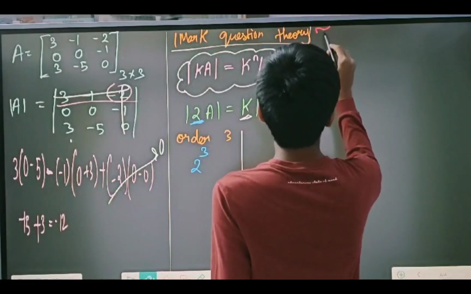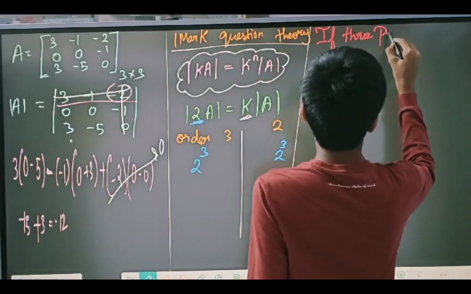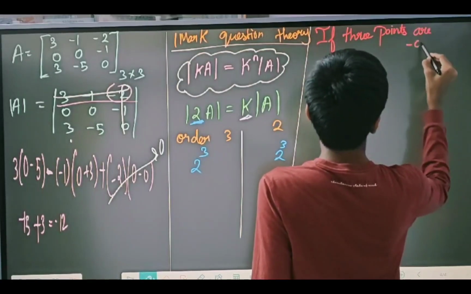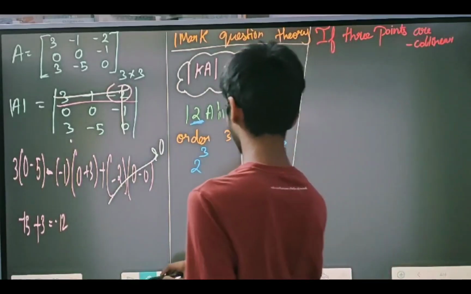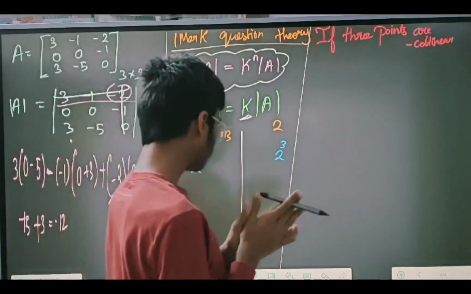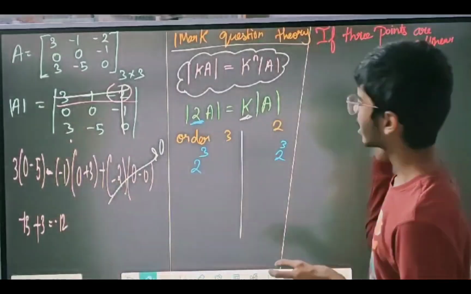If 3 points are collinear, then how will you prove? They have given all the data. They have given their positions, that means their address.